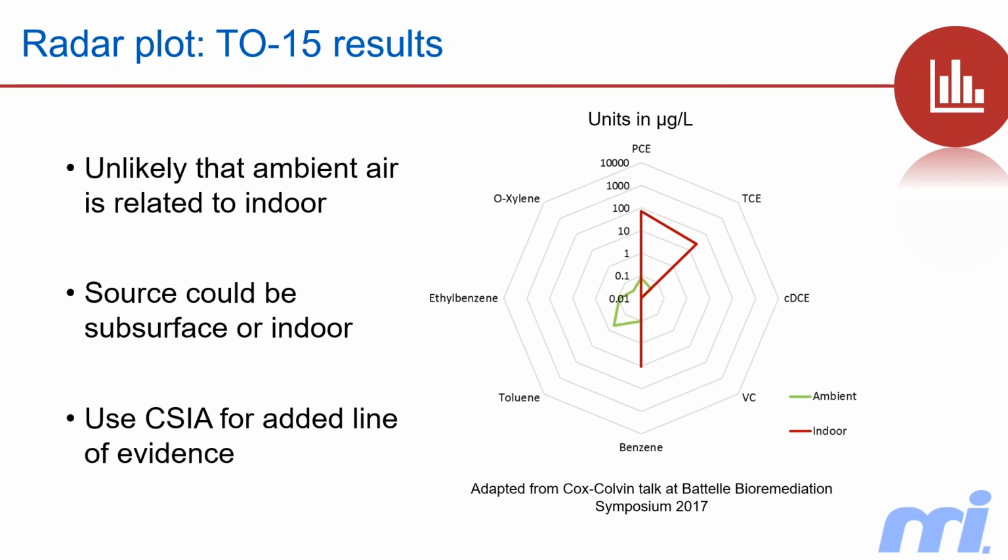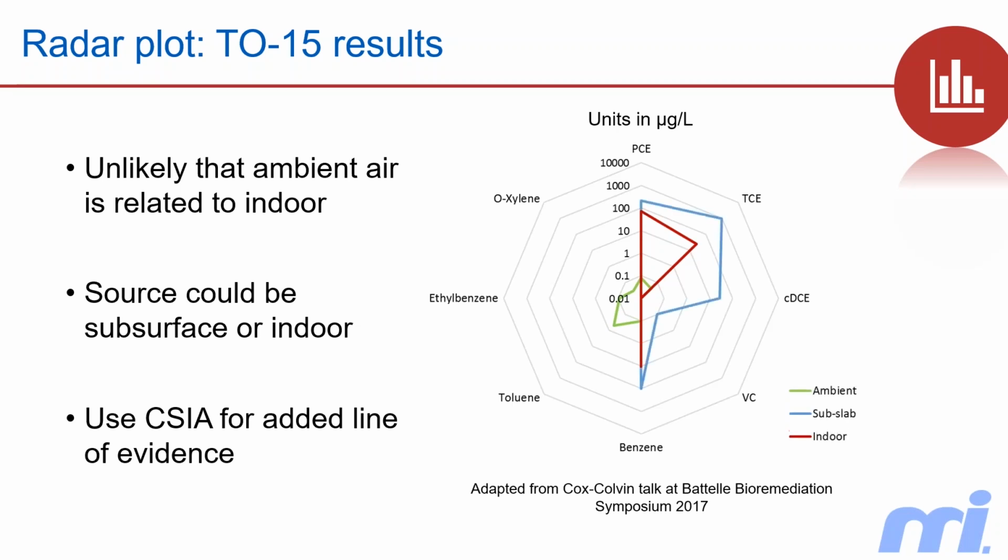So we see in our ambient air sample that it looks pretty different. We see some BTEX showing up. We don't really see much chlorinated solvents showing up, and certainly it's much lower concentration than our indoor air, which we wouldn't expect if ambient air was the actual source.